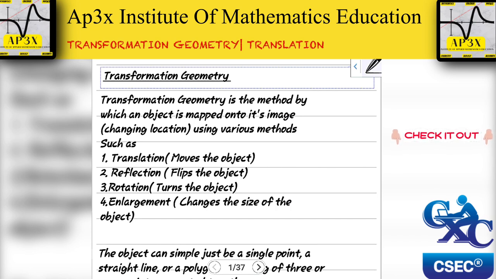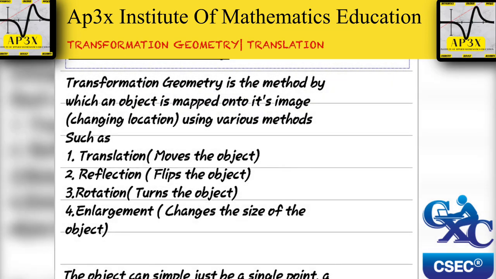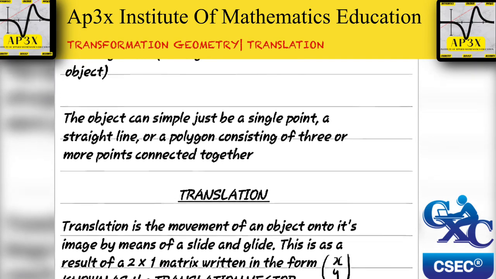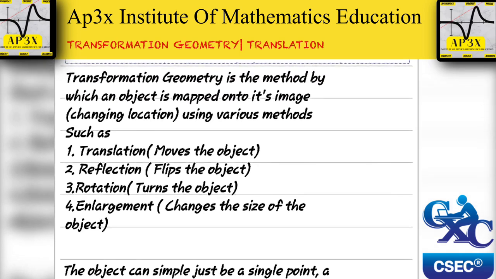For this particular video, we're going to be taking on one aspect of transformation geometry, and of course we're going to be talking about translation. Here on screen we have a bunch of information which I'm going to walk you through, and I'm thinking we'll be here for about 45 minutes to an hour.